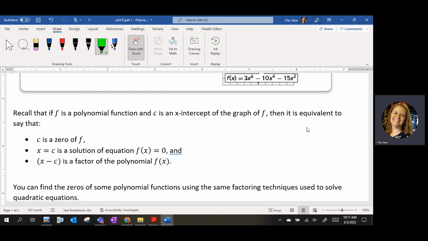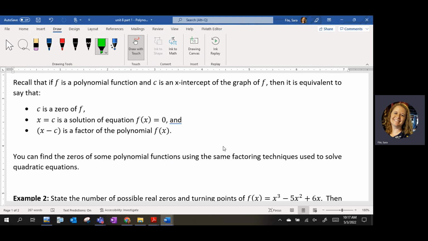All right, now this is just a refresher, a reminder of how you can write or word your zeros, your solutions, your x-intercepts. So if you have a polynomial function f, and we know that c is an x-intercept of that graph, you could write c is a 0 of f. You could write x equals c is a solution, because that means if I plug in c for x, I get 0 as the output, right?